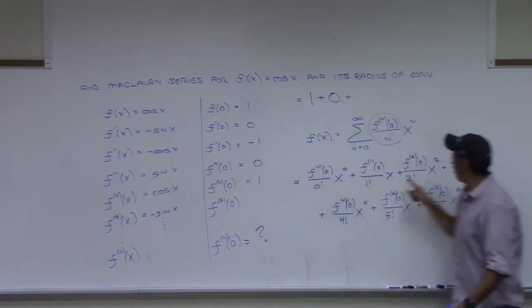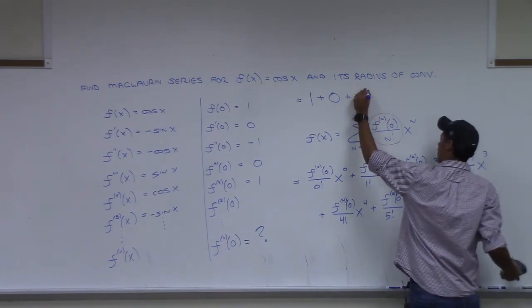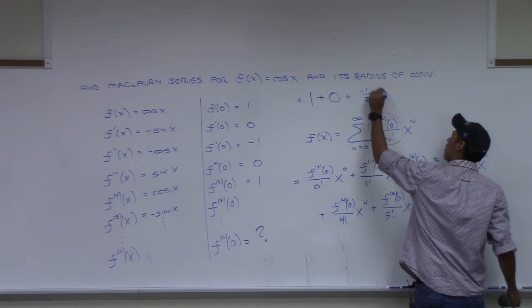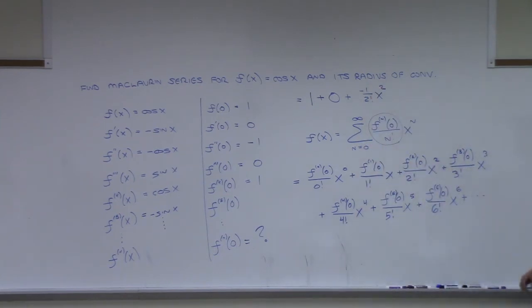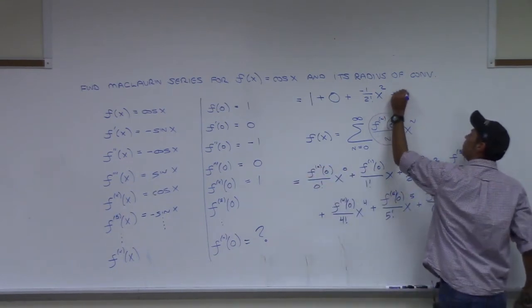Negative 1 over 2 factorial, which is just 2, right? I'm going to write it as 2 factorial, though. So negative 1 over 2 factorial x squared, right? With me? Okay, what about this one? Third derivative at 0. 0, right? It's gone. So plus 0.